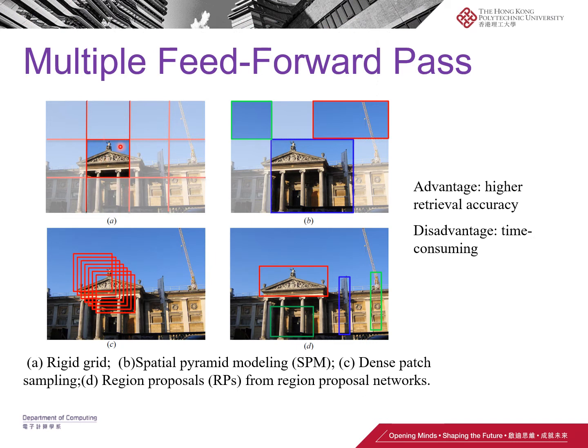So for each region, you will have a feature. Multiple regions will be input into that network multiple times. You have several regions, so you have several feature vectors. By doing this, you might get a more detailed feature representation, because you have divided the image into different regions.